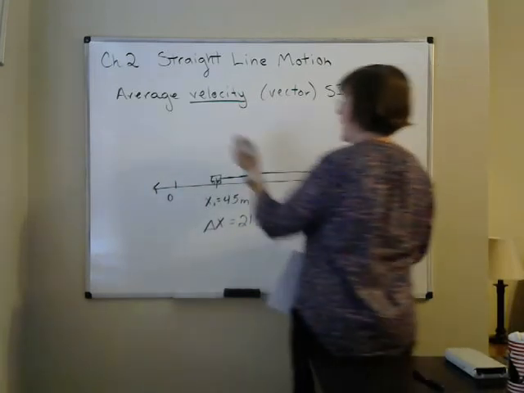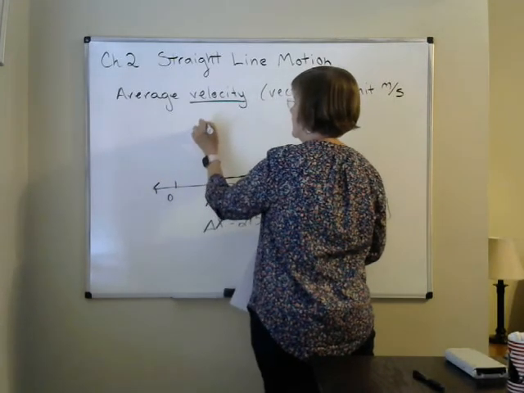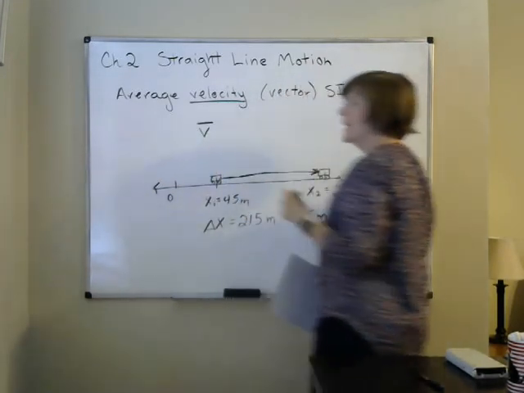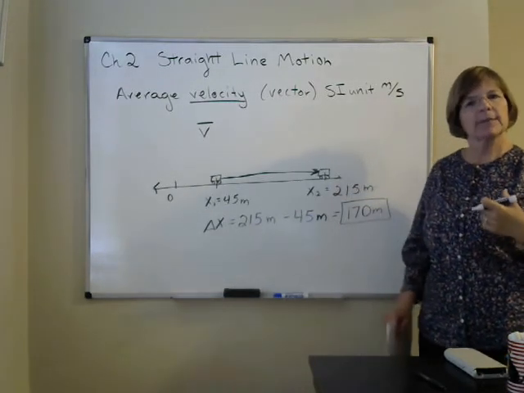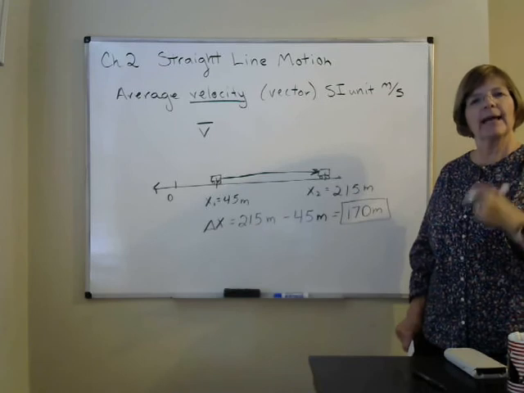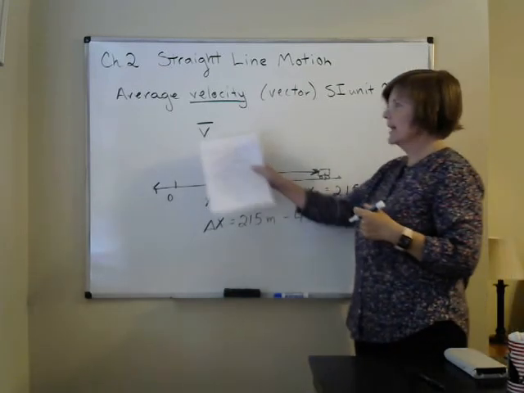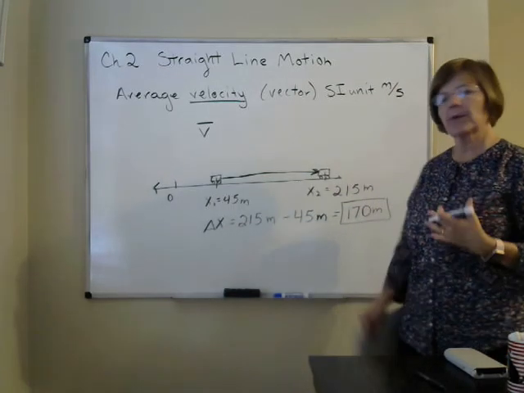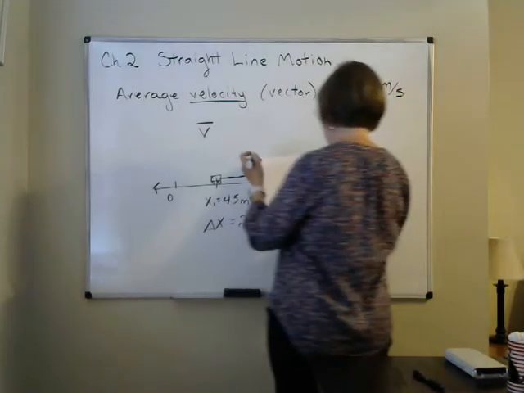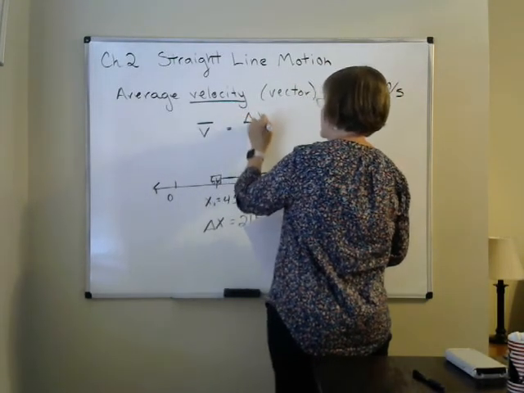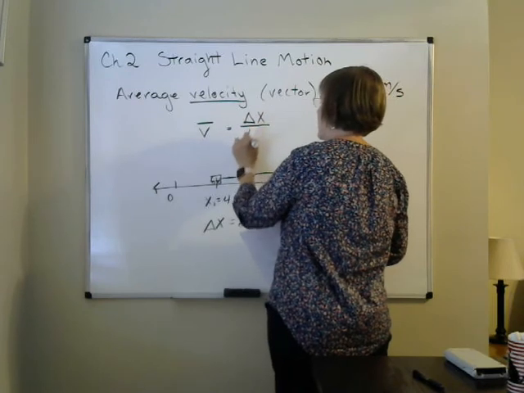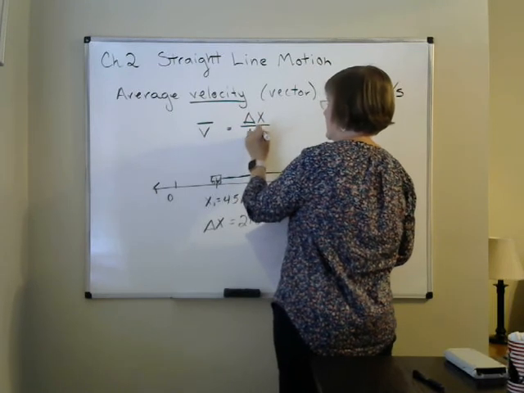To represent average velocity, we use a v for velocity. A line over a variable, that's a symbol from statistics. It means the mean value or the average value. So when I put a line over this like that, that's telling me I want the average velocity. And it is simply equal to the change in position over the time interval.